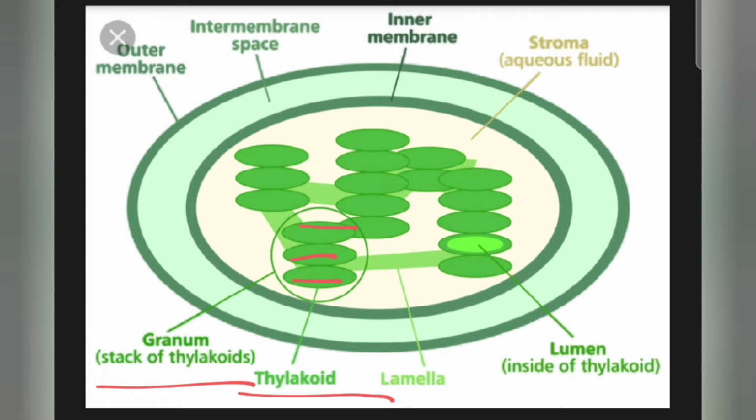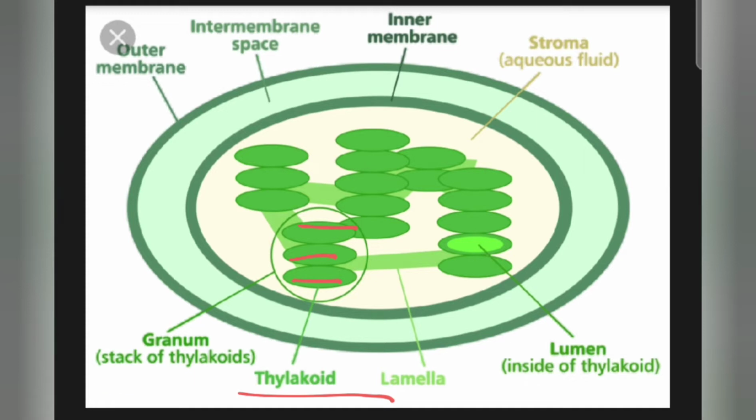These are embedded in the aqueous matrix. These stacked thylakoids constitute the grana. The number of thylakoids in a granum may vary from a few to more than 50, according to the type of the cell. The grana are interconnected by a network of tubules called stroma lamellae.